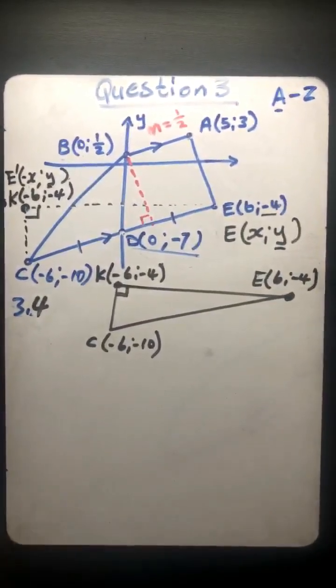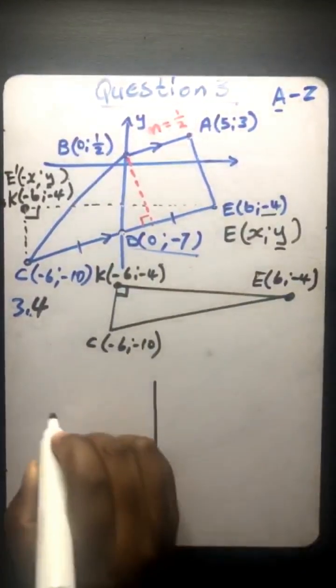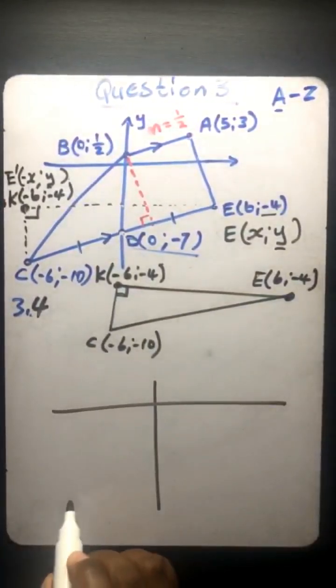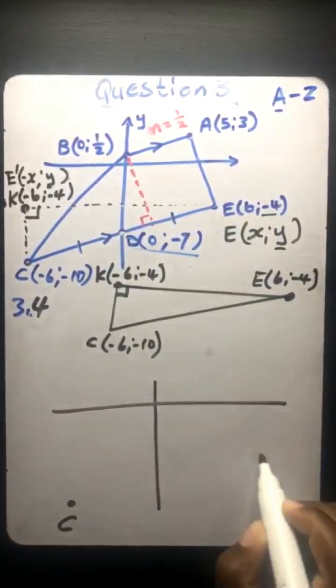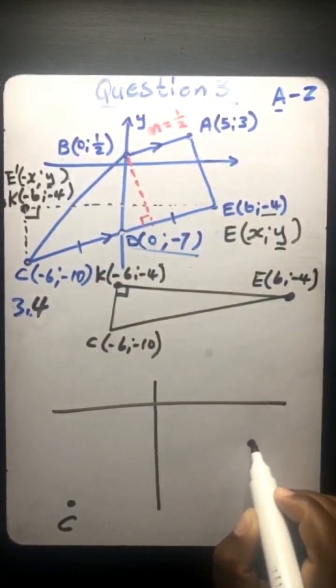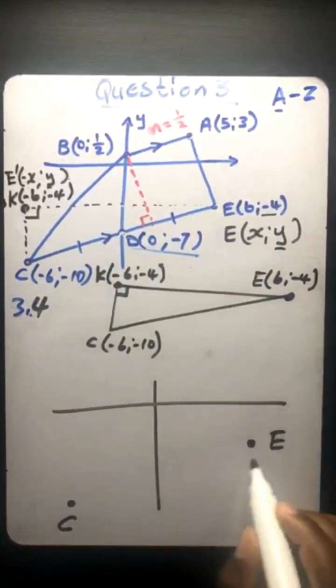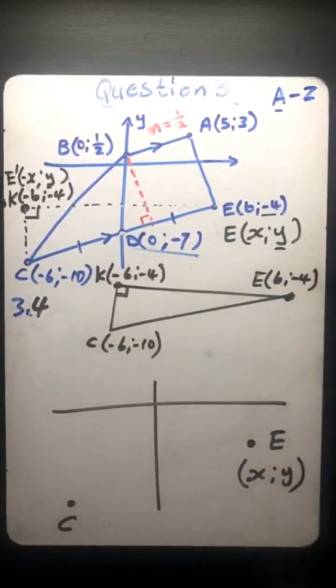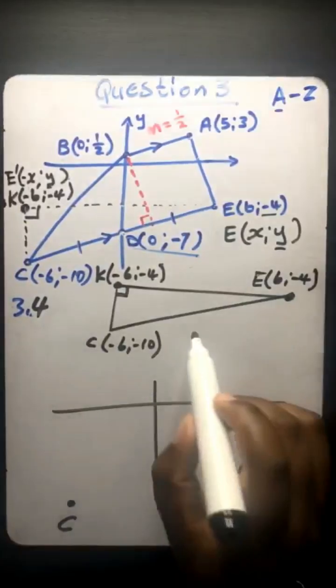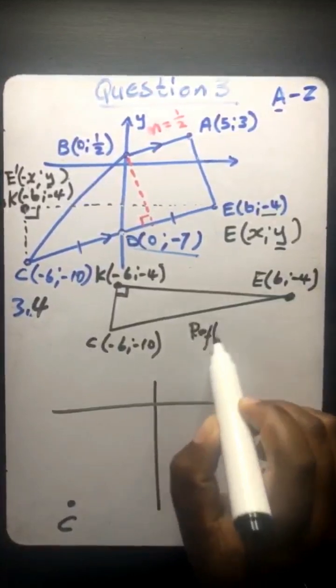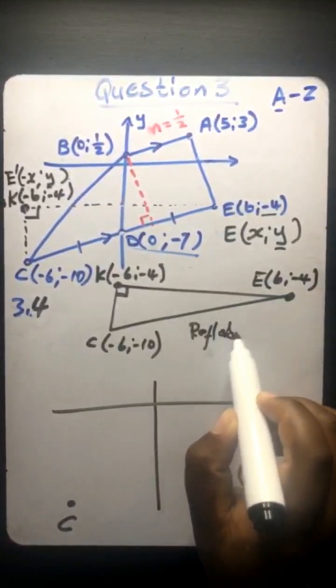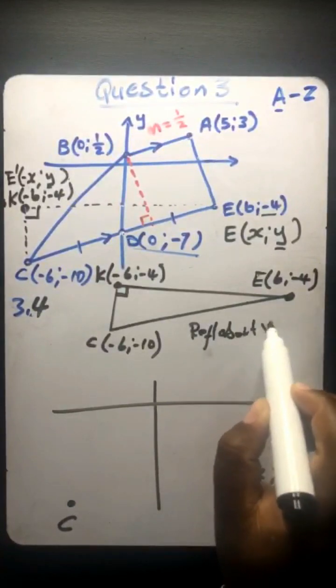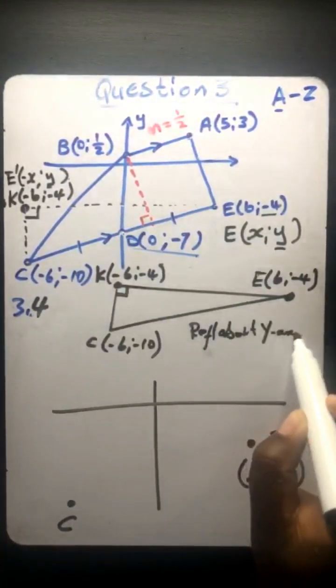Okay, so let's see. Let's say, for example, maybe let me just use that same information there. So you have C there, and then you have E being that point there. So obviously E has got X and Y. So maybe as part of our notes, let's say a reflection about the Y axis.